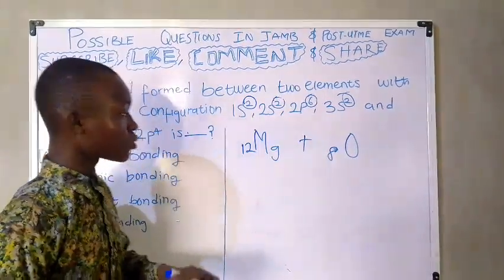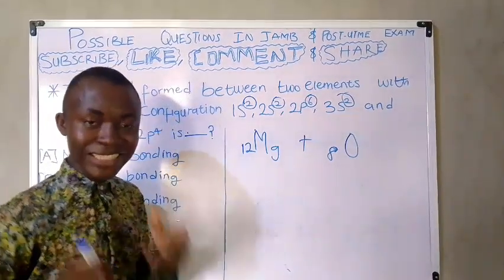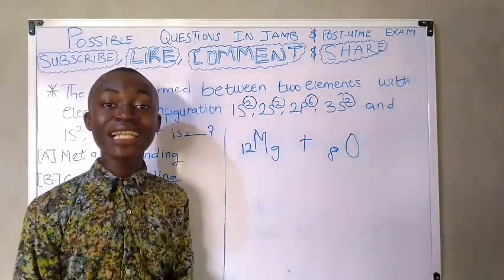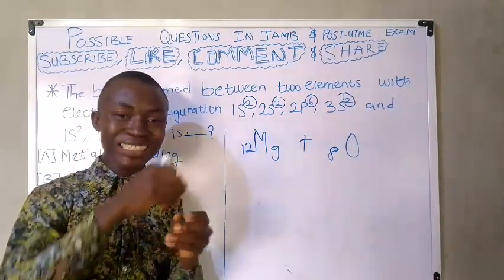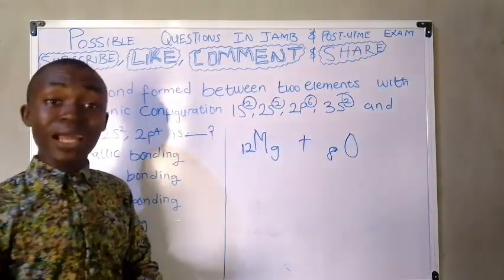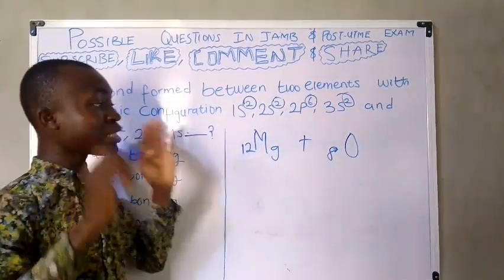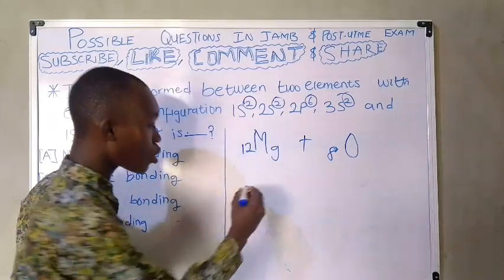Now, the octet rule is the ability of an element to complete both its innermost shell and its outermost shell. An example of an element exhibiting the octet rule is neon.